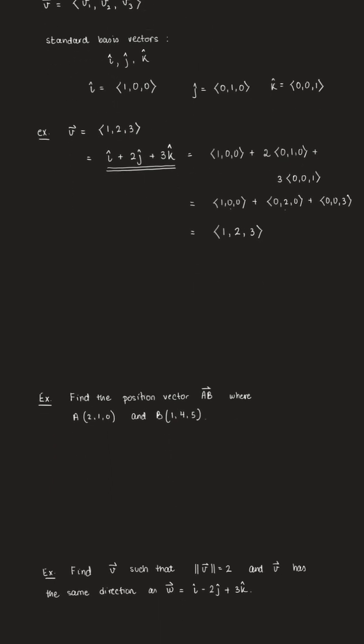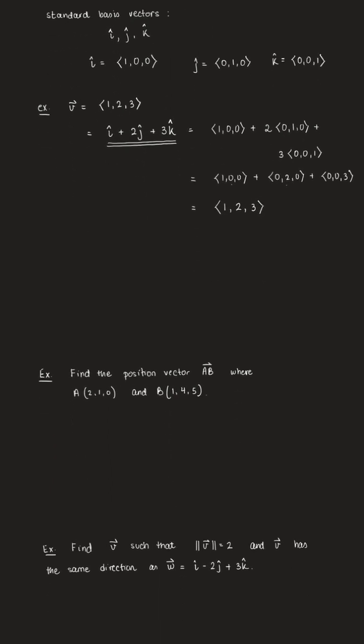And another extension of what we talked about in R2 is calculating the magnitude of a vector. So in R3, to find the length of any vector, we'll denote it again with the 2 bars to denote length.